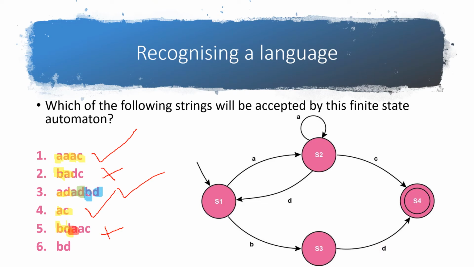and then the last one we've got, sorry, is this one. So we're going to start on S1 again, and we've got a B, and that allows us to use that transition. So we're now on S3.